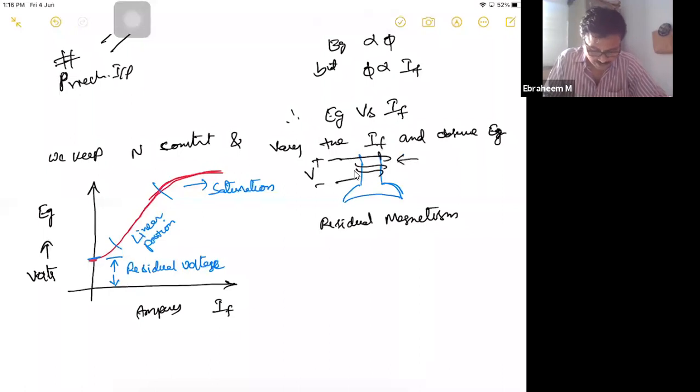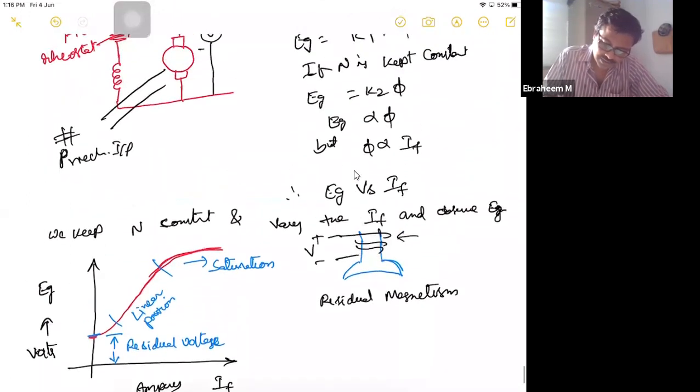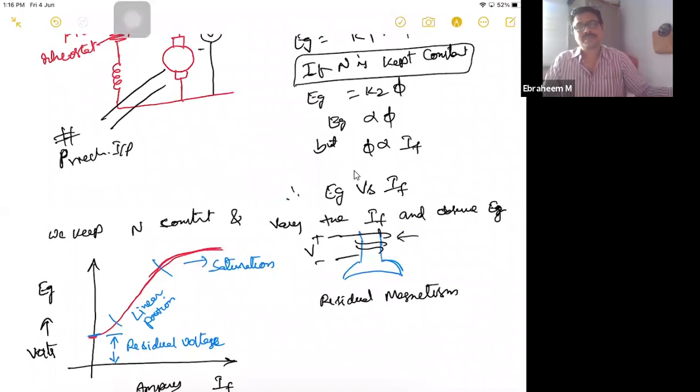So when you start the machine, first what we do? First we run the machine at a constant speed. First we start the machine by means of a prime mover, so it will rotate the armature. No field current is given, right?